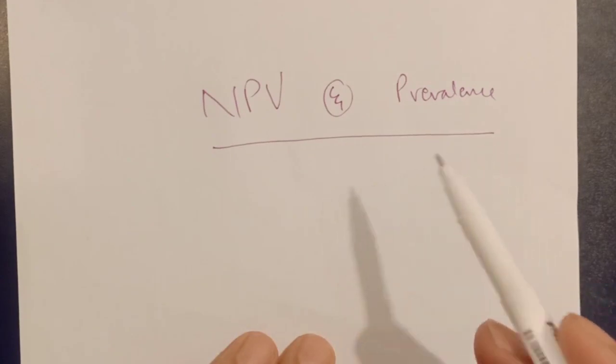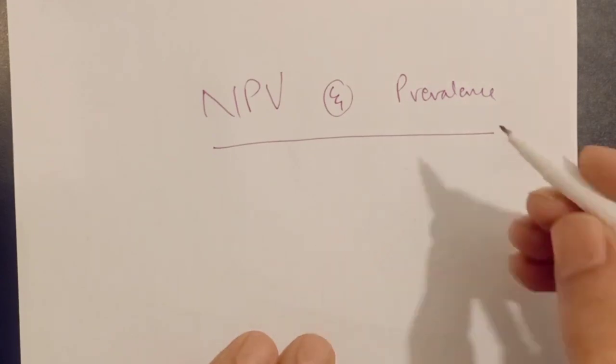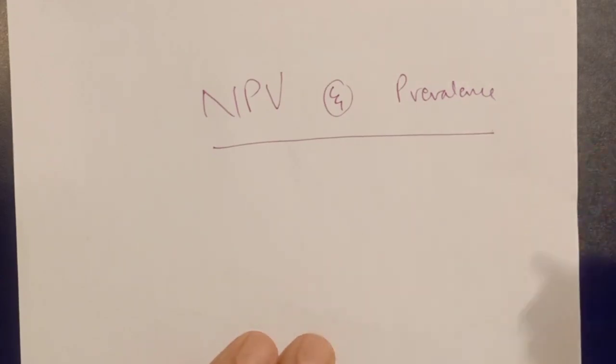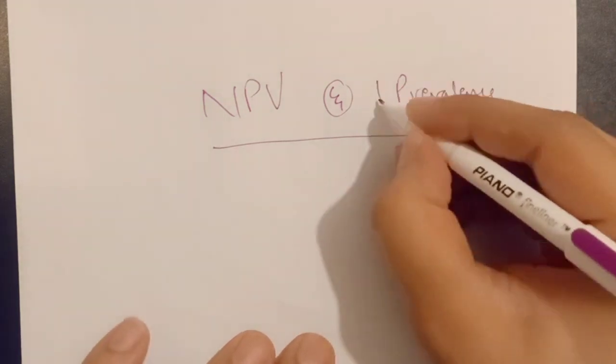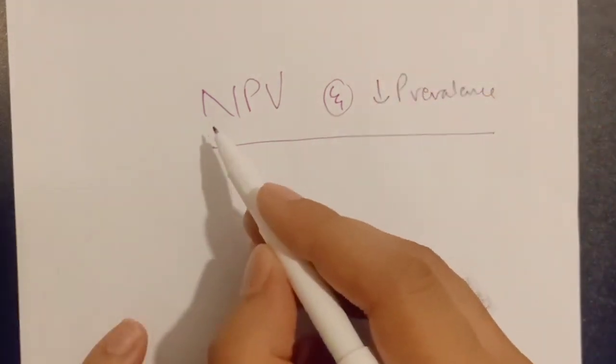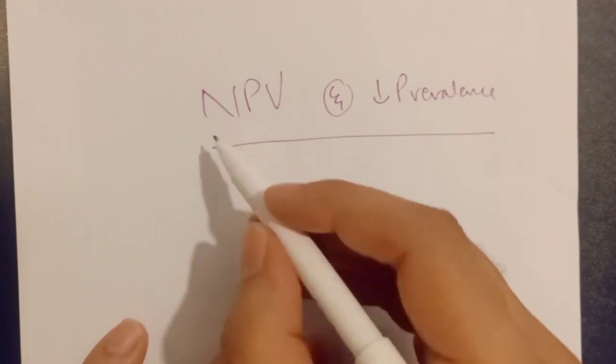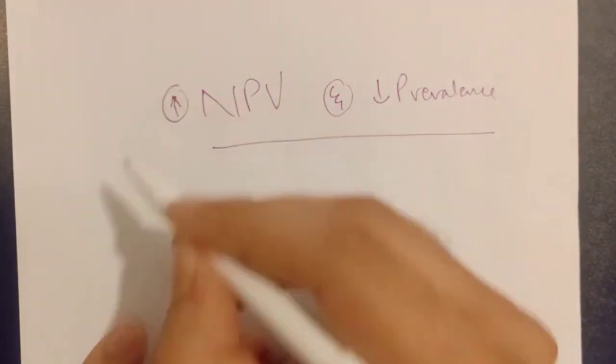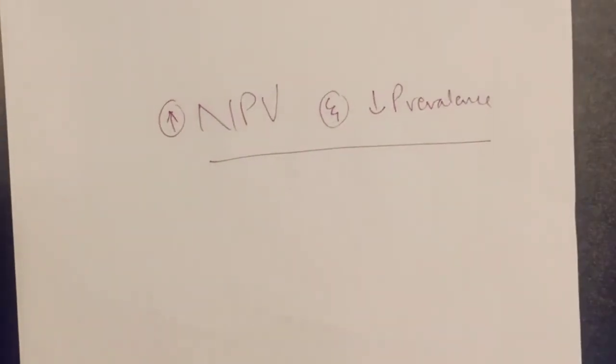NPV and prevalence have a somewhat opposite relationship. If we are in an area where UTI is not prevalent, it's very low, then if the test is negative in that population, there will be a high likelihood of actually not having UTI. It's a bit of a confusing concept, but I've tried to simplify it for you.